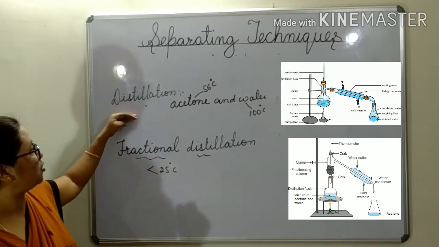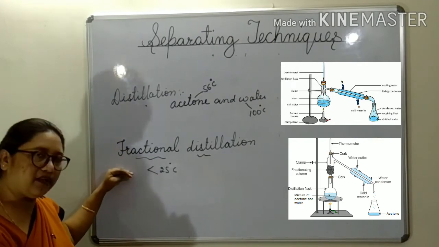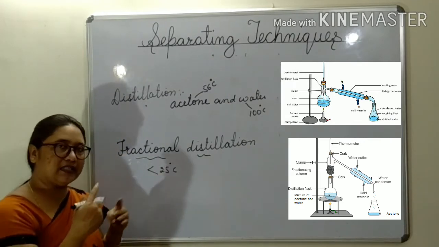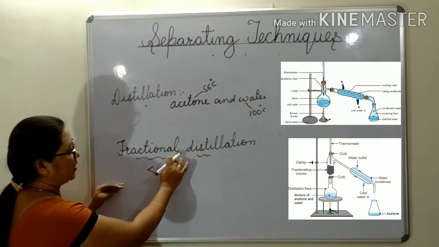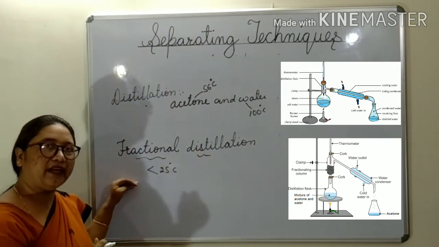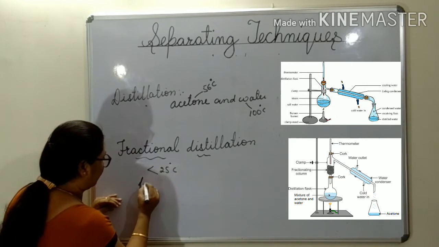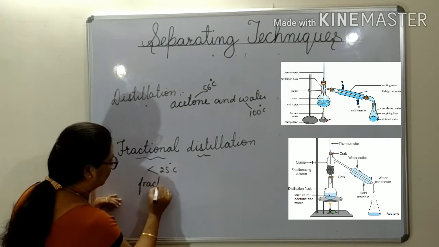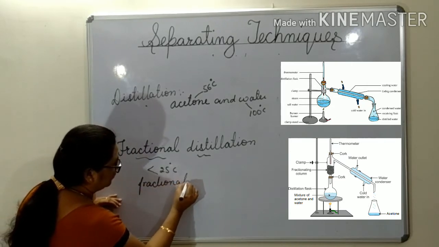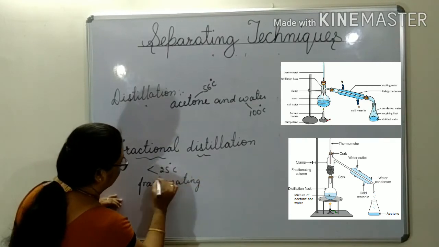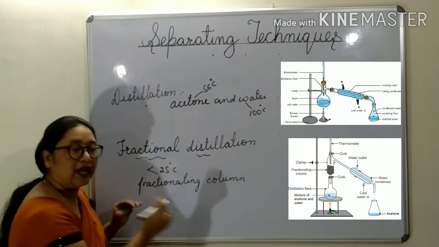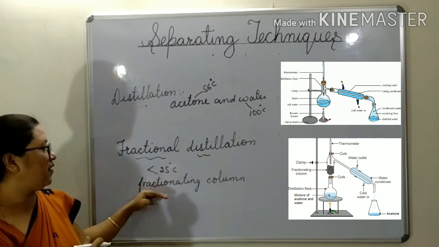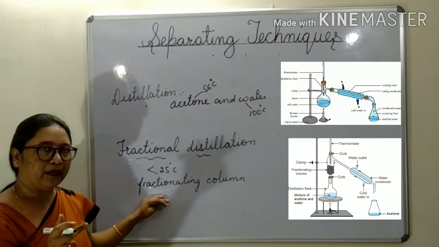The apparatus of both distillation and fractional distillation are the same, except that fractional distillation has a fractionating column between the distillation flask and the condenser.